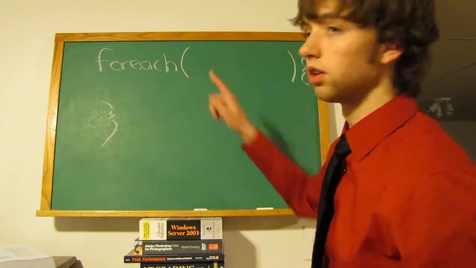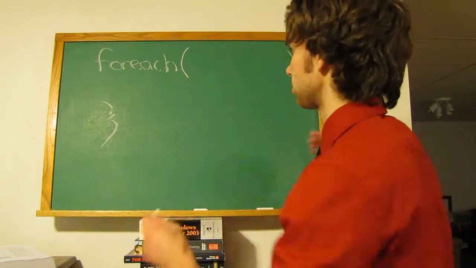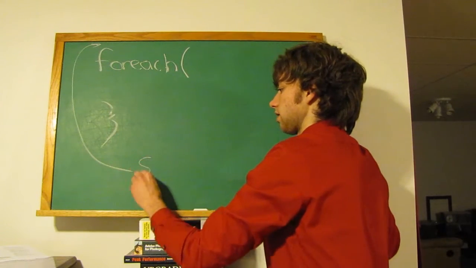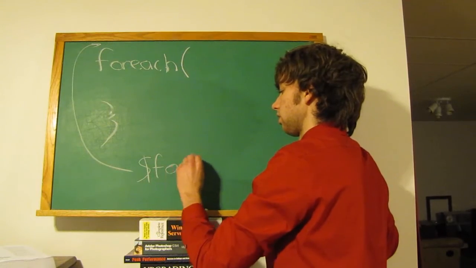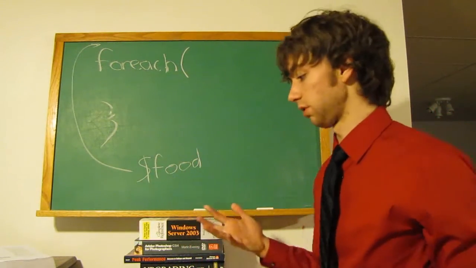So here, just to make things easy, let's pretend we have a variable. So up here we have a variable, and it is food. And this is an array consisting of 5 foods. Doesn't really matter what they are.